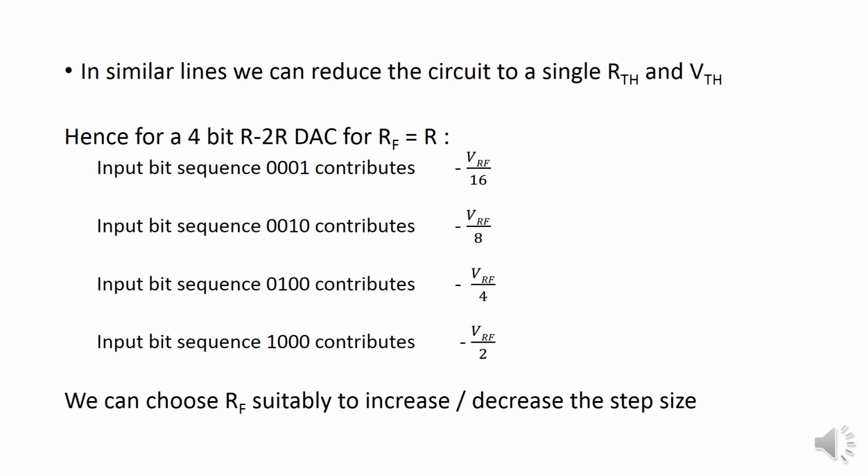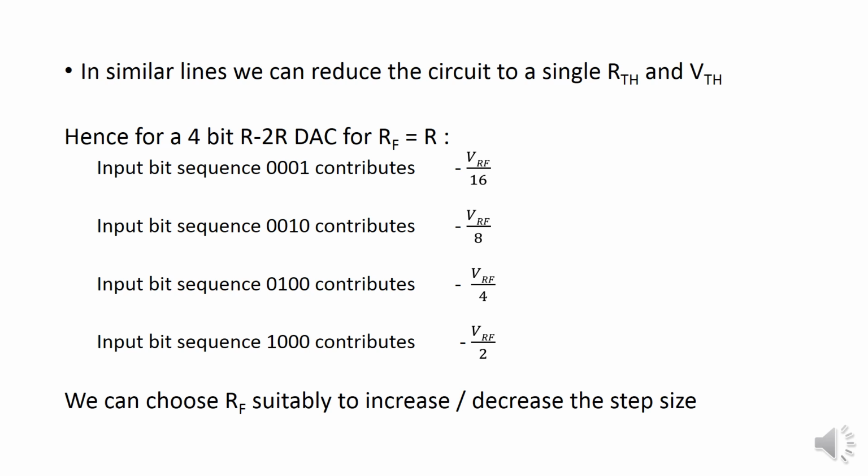Likewise, 0010 will contribute minus V reference by 8 when RF equals R. If you change RF, obviously that factor will be multiplied with the V reference by 8. For bit sequence 0100, it contributes minus V reference by 4, and likewise for 1000, it contributes minus V reference by 2.